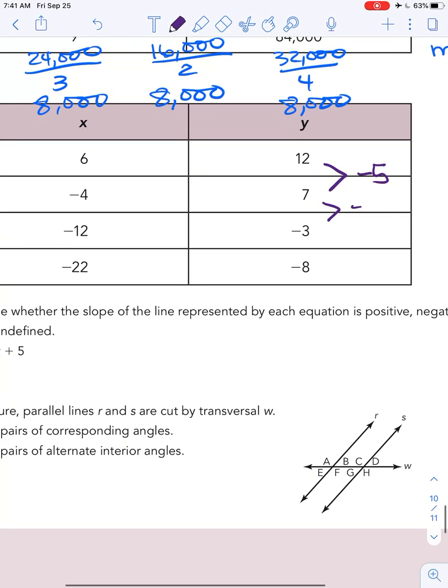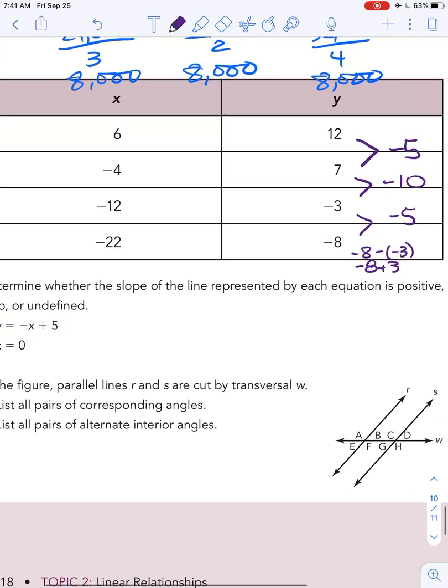Be careful, you're going to get -10. On this one, you're taking -8 minus a -3. So it's -8 plus 3. Okay, so that's going to get you a -5.